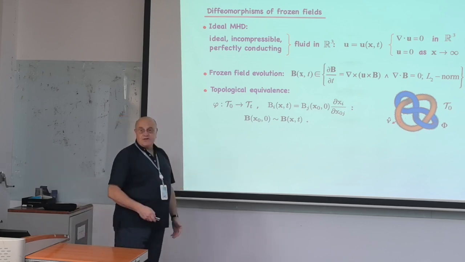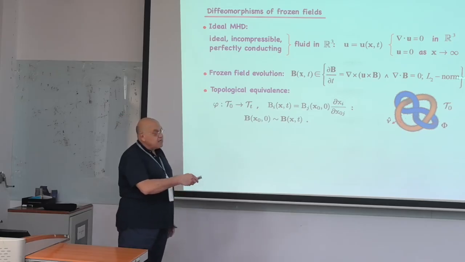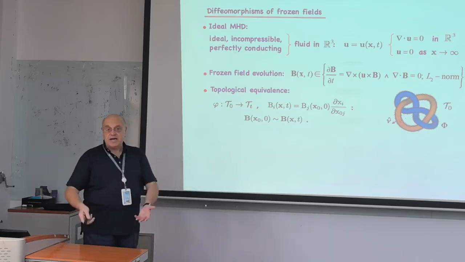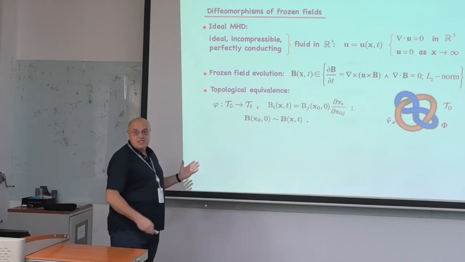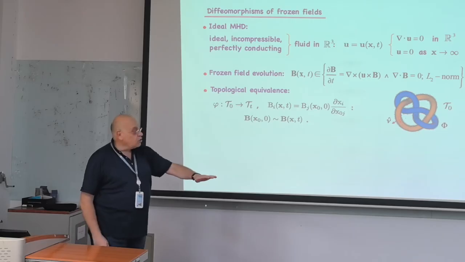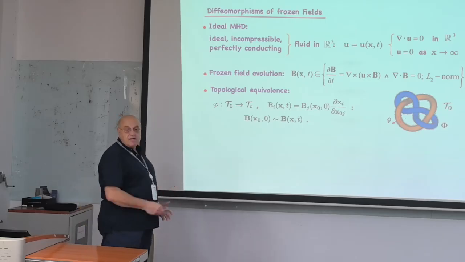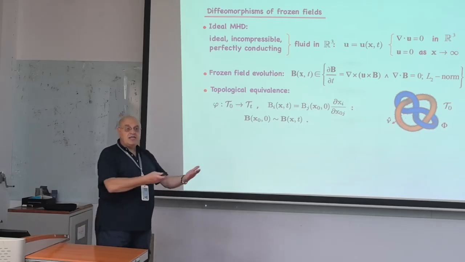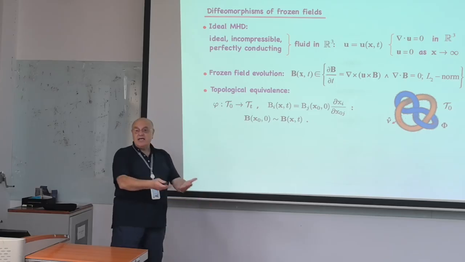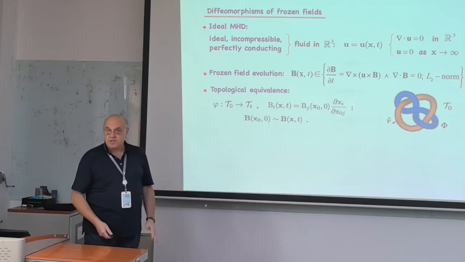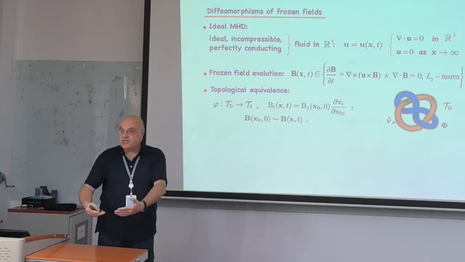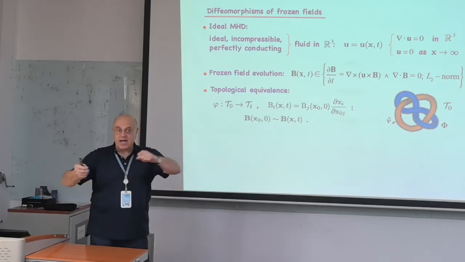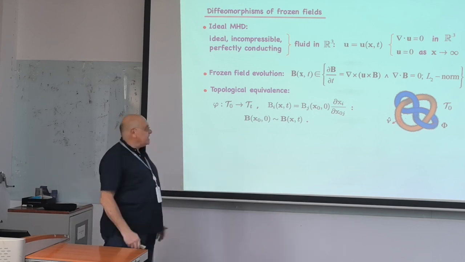Under continuous deformation, whatever complexity you have for the magnetic field is transferred from the initial time t0 to time t. So we establish a topological equivalence between something initially given and something that we get afterwards. Remember, this is ideal. Of course, when we have dissipation, topology breaks all these ideal scenarios.